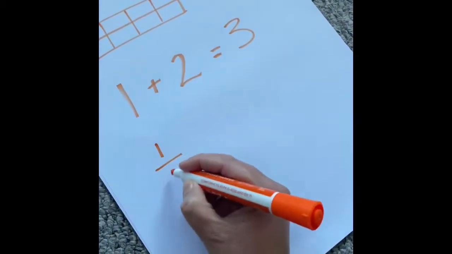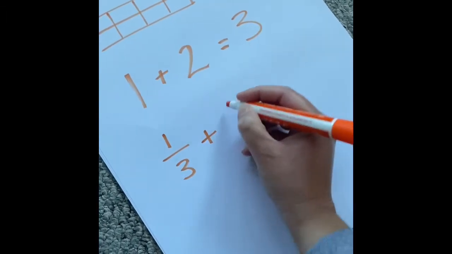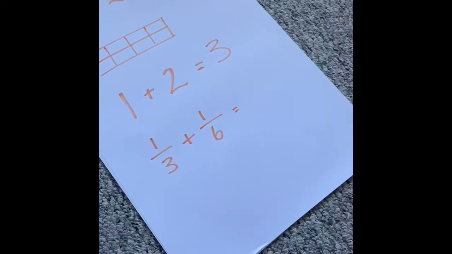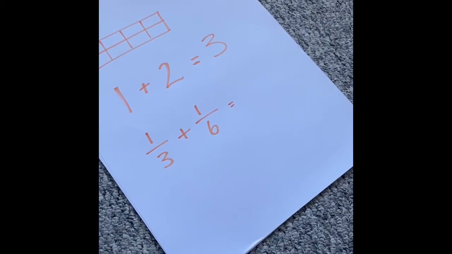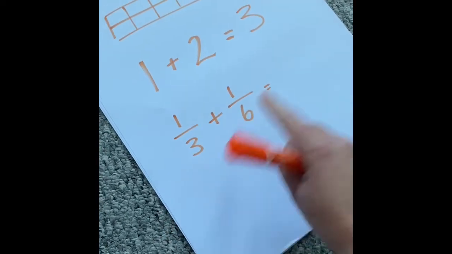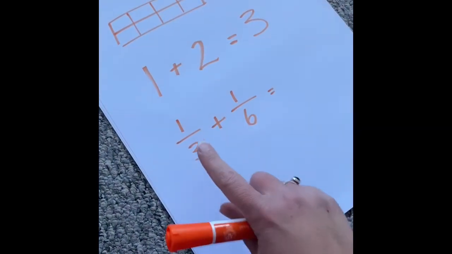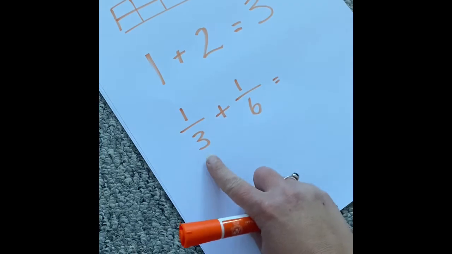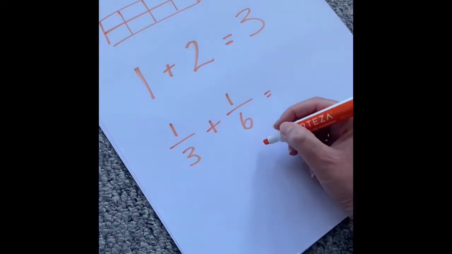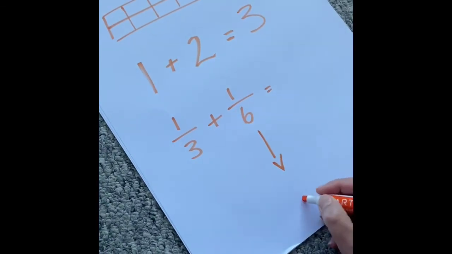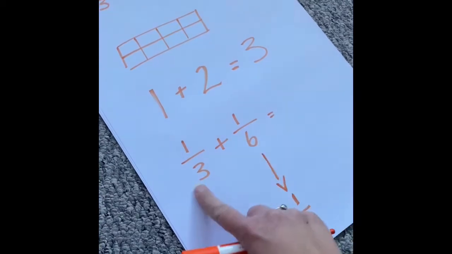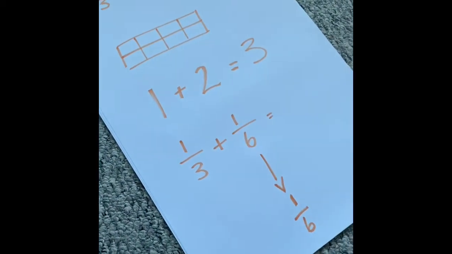And this goes back to some of the work that we were doing last week with adding fractions with different denominators. Now you can see the relationship here. So we need to have a think about making these into fractions with the same denominators. I'm going to keep this as 6. I can't simplify this one in any way because it's just 1 here.